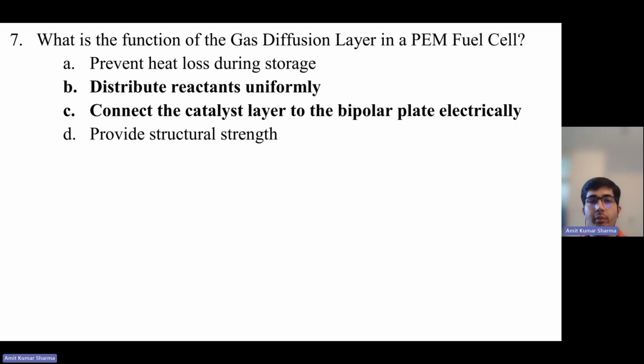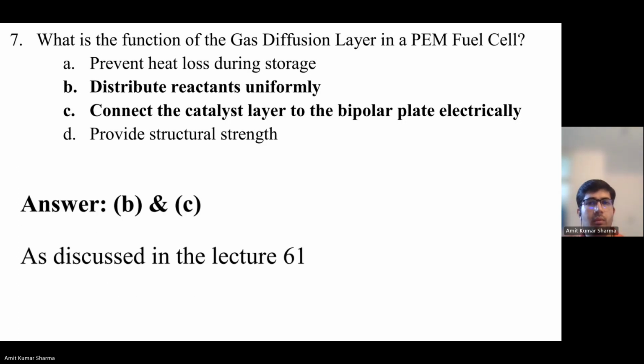As the name suggests, gas diffusion layer. So basically, this layer is used to diffuse the gas. Okay. So the correct answers are B and C.